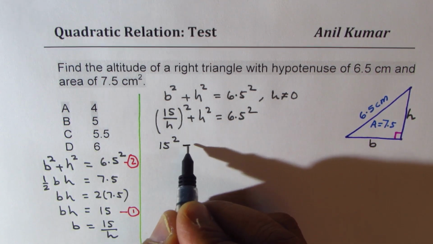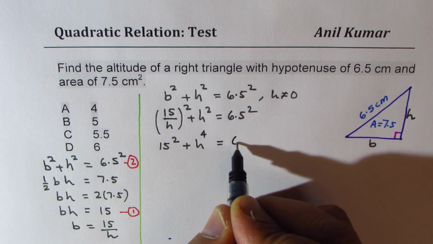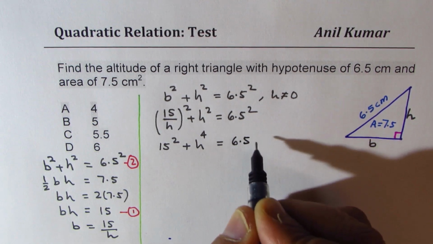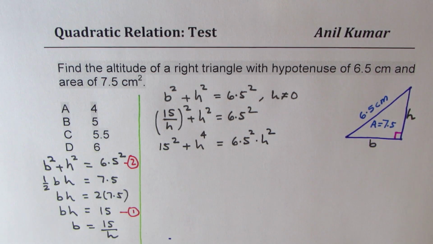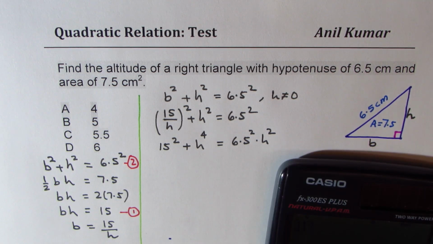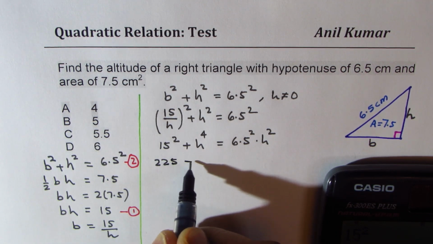So we get h to the power of 4 equals 6.5 square times h square, correct? When I say 15 square, it is 225, right? So we get 225 here.